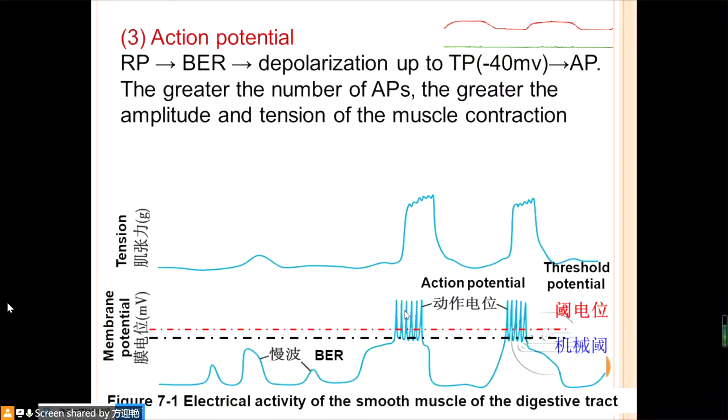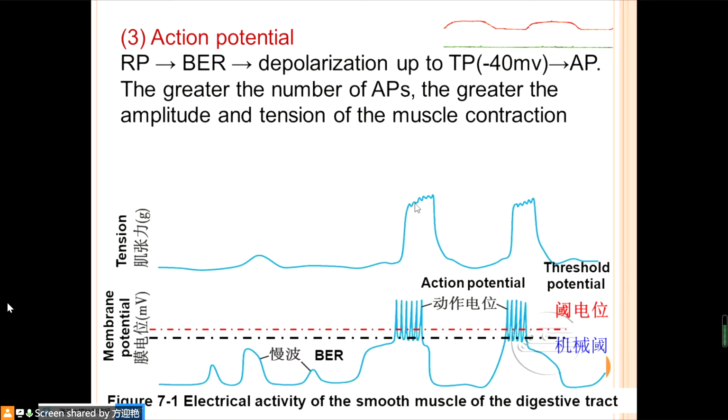We can see here the contraction, the amplitude and tension of the muscle contraction, which is related to the number of action potentials. The action potential numbers here are about 1, 2, 3, 4, 6, and there is only 1, 5.